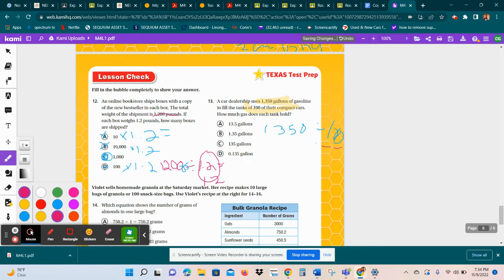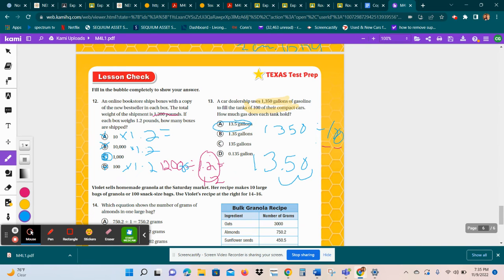That means I'm going to move my dividend. I'm going to write out 1,350 and move the decimal twice to the left, 1, 2. So how much gas will each tank hold if I'm going to fill up 100 cars? I'm going to be able to put in 13 and a half.